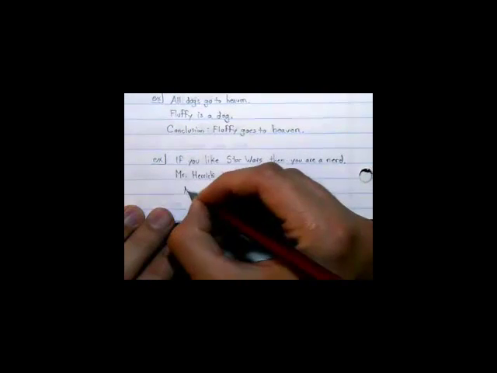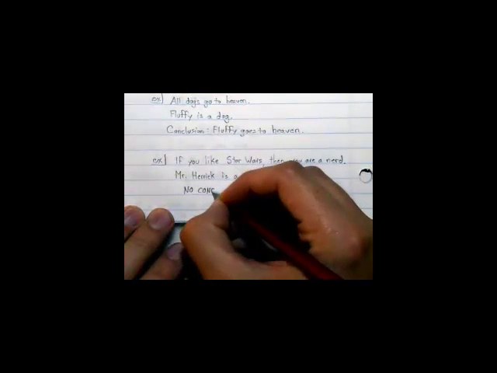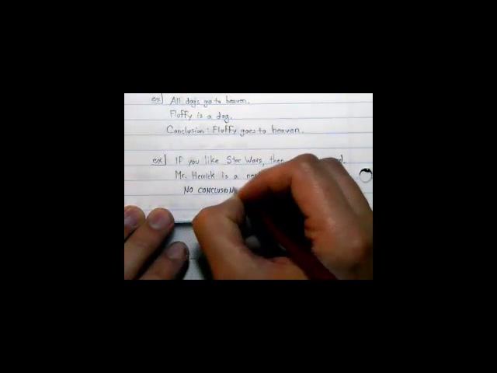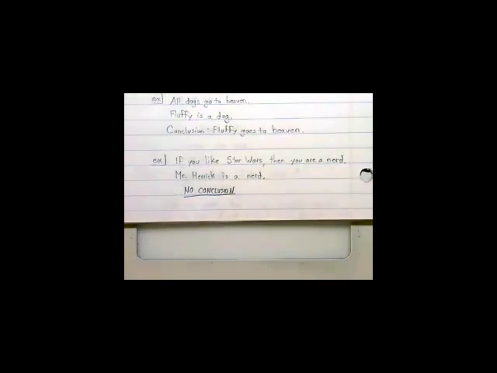But because it's the other way, the logic works the other way. If you like Star Wars, then you are a nerd. So the conclusion is being a nerd. If I give an example of the conclusion, I don't know. So there's no conclusion to this. We're stuck.